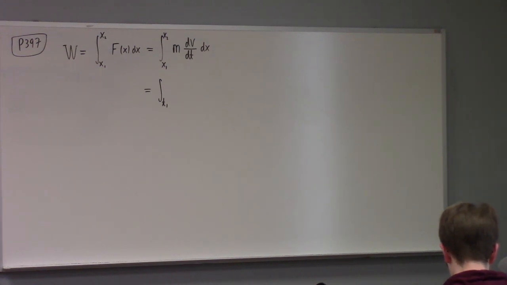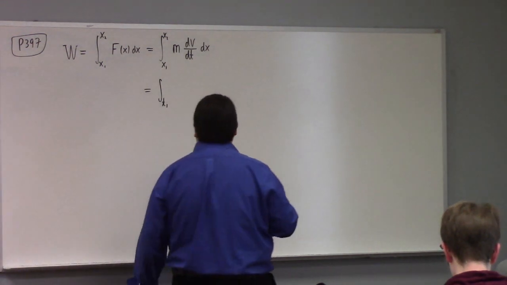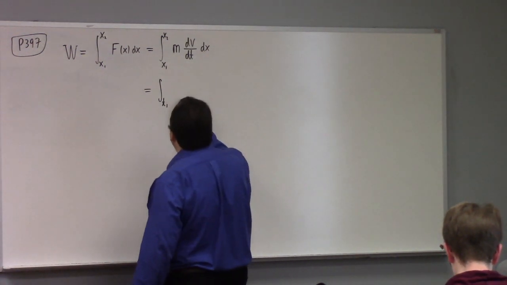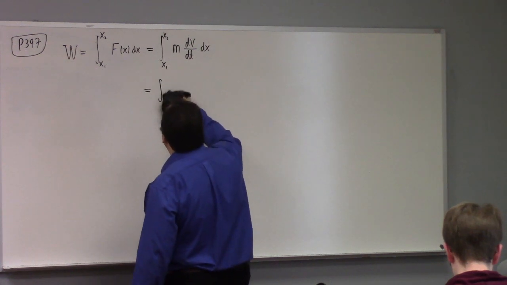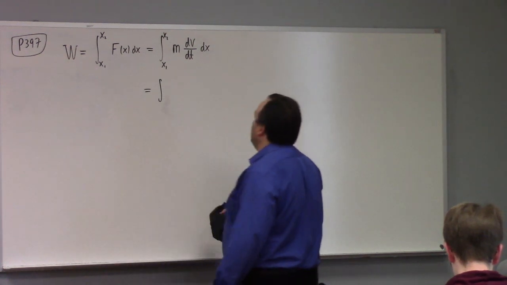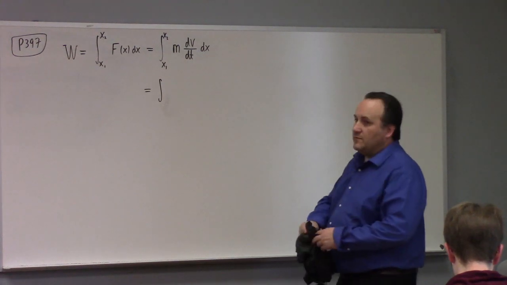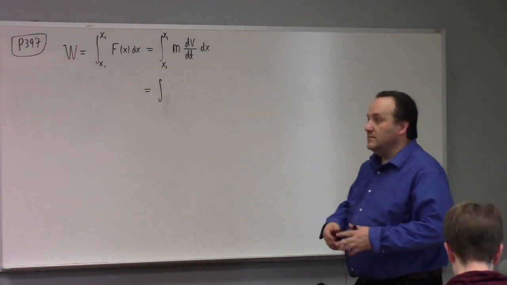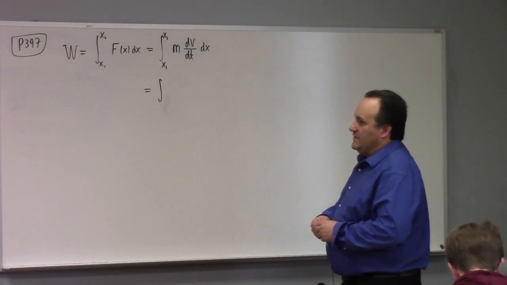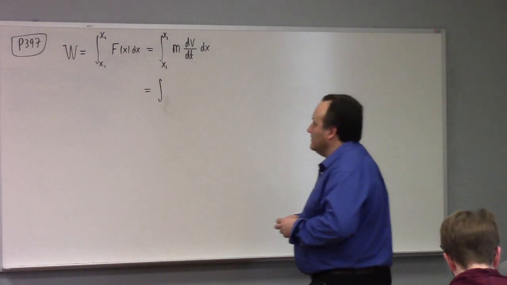I think I can show you guys how to get around it. So I basically want to change the integral from dx to a dt. How would I do that?